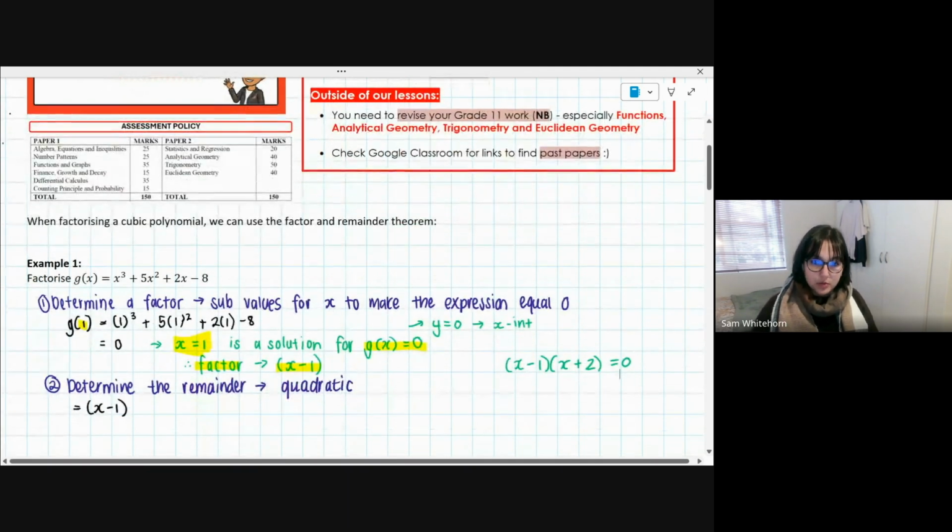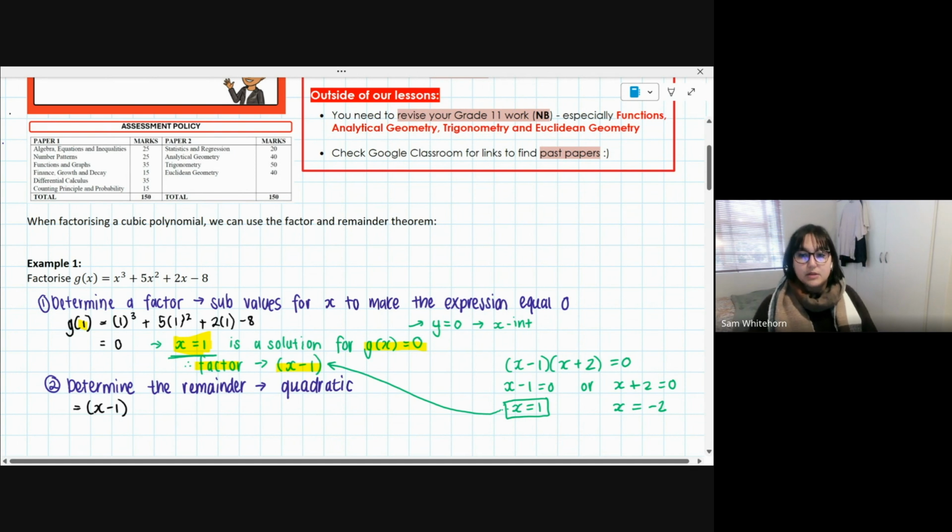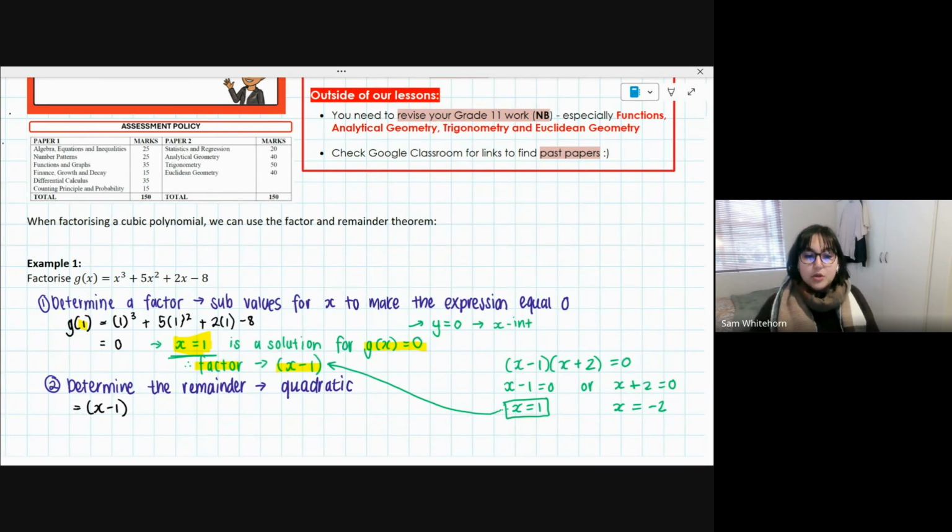We know from solving quadratic equations, we would have to say x minus 1 equals 0 or x plus 2 equals 0. And so that gives me a solution of x equals positive 1 or x equals negative 2.